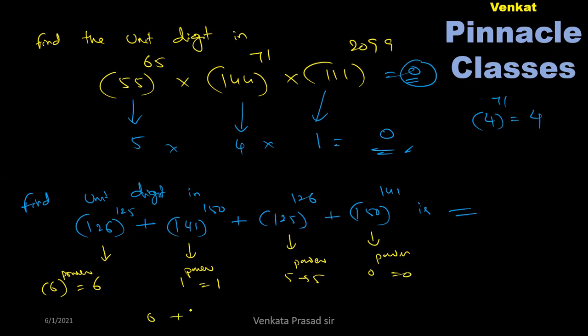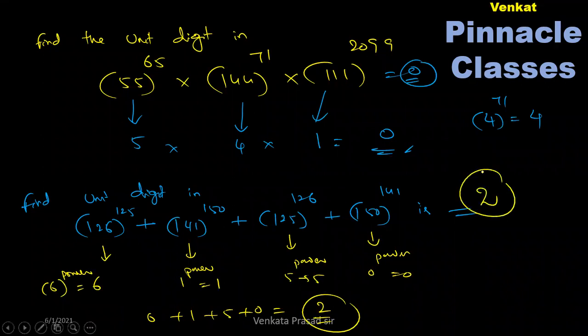So 6 plus 1 plus 5 plus 0 is how much? The answer is how much? Give the conclusion. Therefore unit digit is 2.